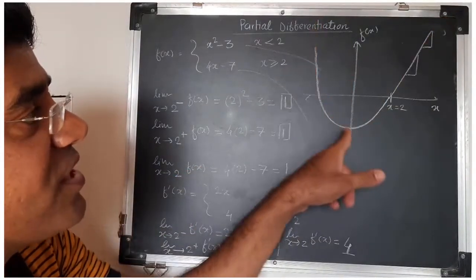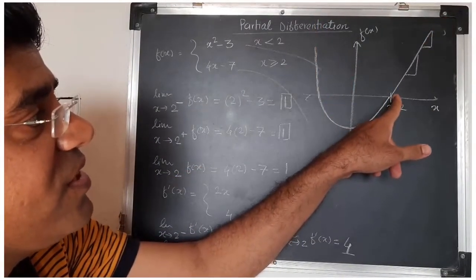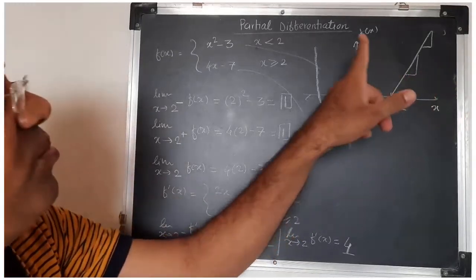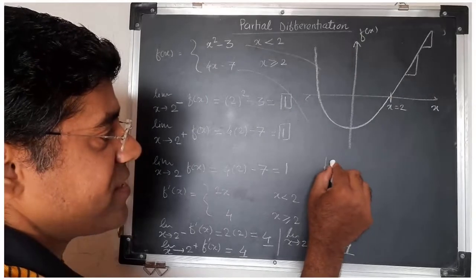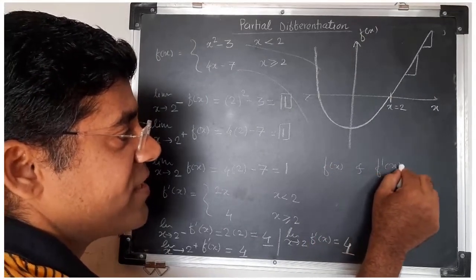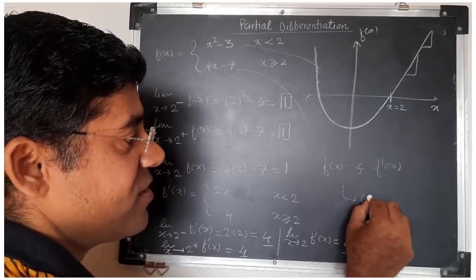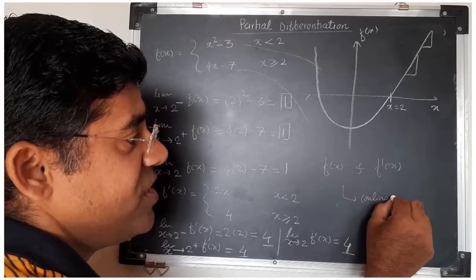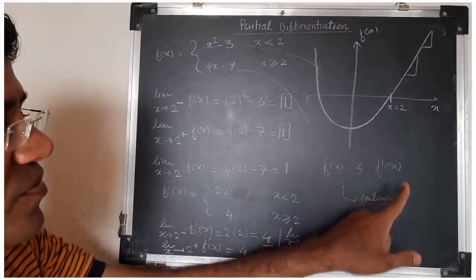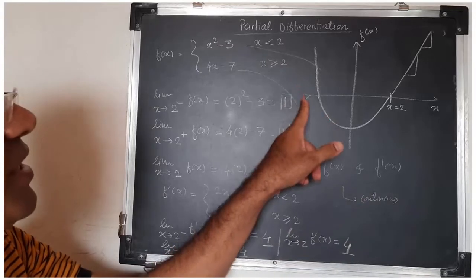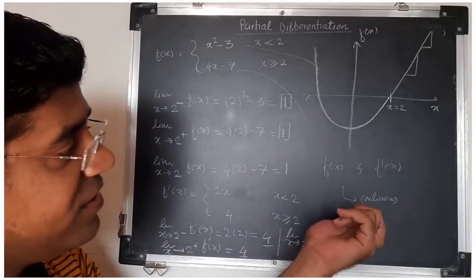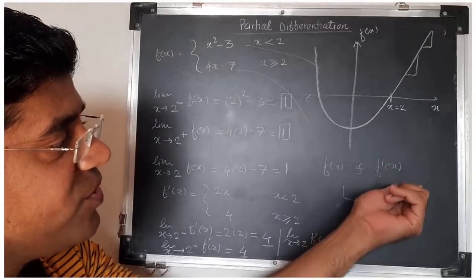There is no discontinuity in the given function, and the slope you will get is constant, meaning f of x and f dash of x are continuous. That means the function and its derivatives are continuous, meaning their limit exists, and basically the derivative indicates the continuity of that particular function.